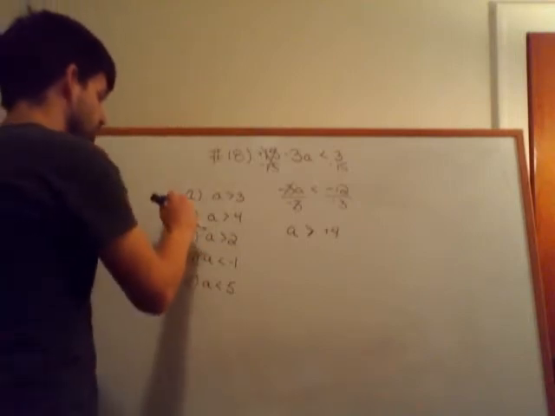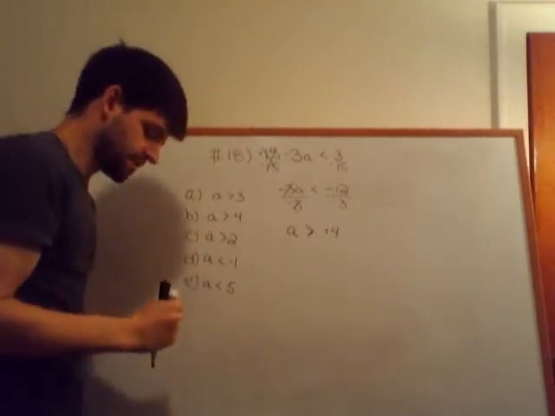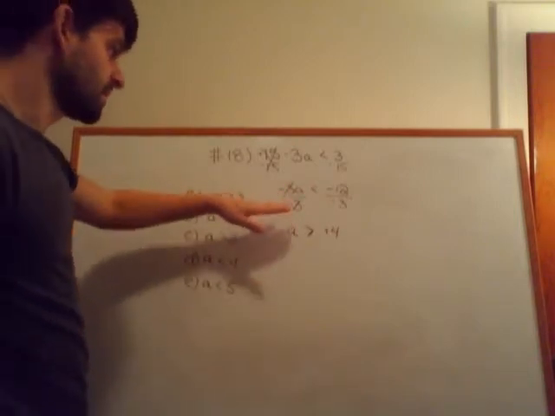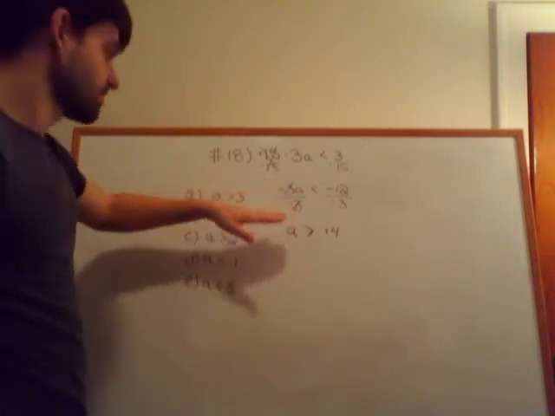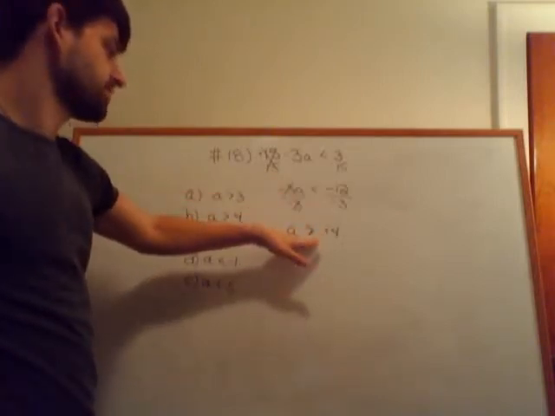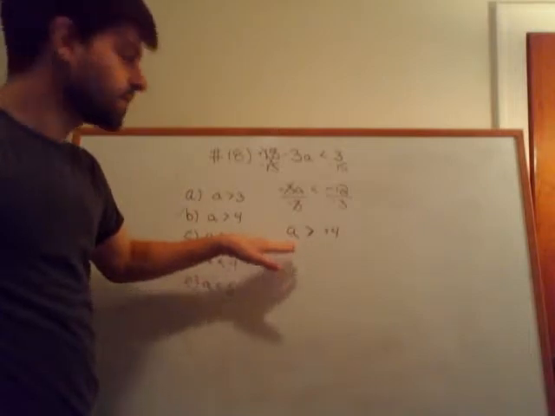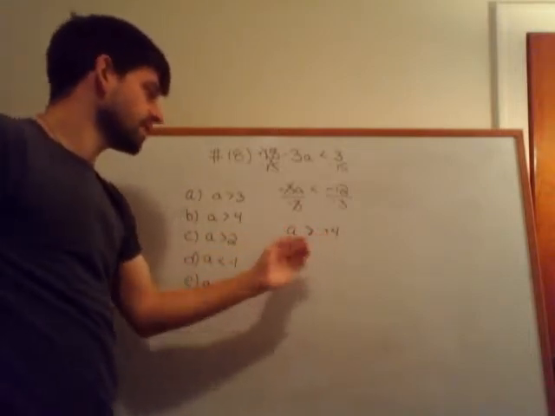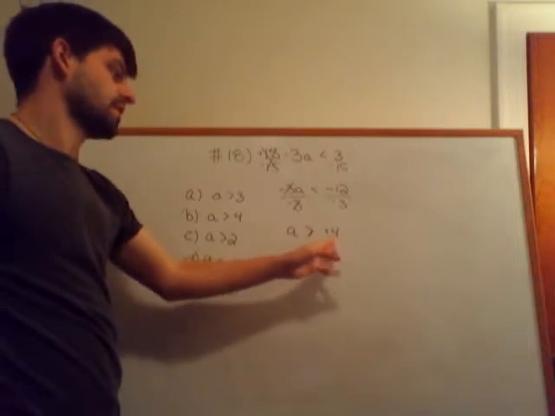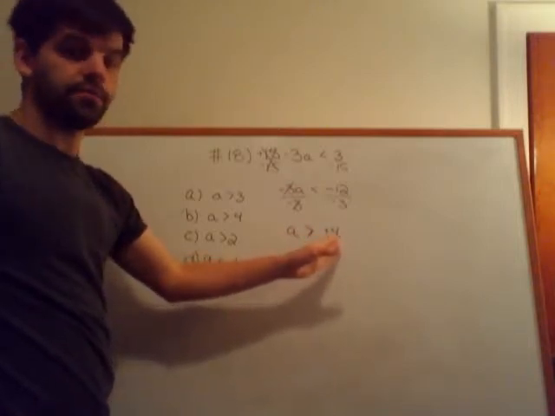So remember, the most important thing in this question is to remember that when you divide or multiply by a negative number, you have to flip or invert the sign once you isolate the variable. You don't have to flip the sides that the variable and the value are on.